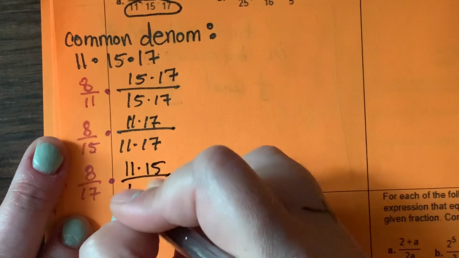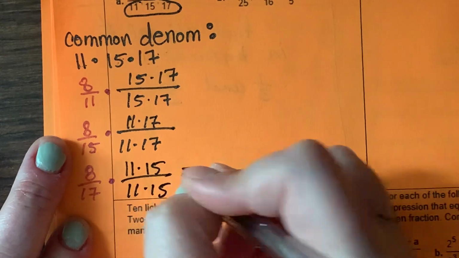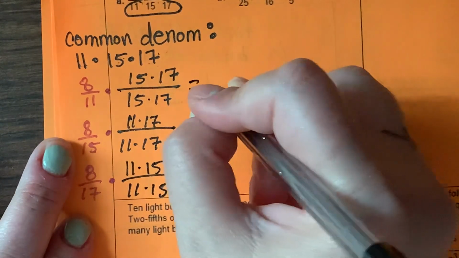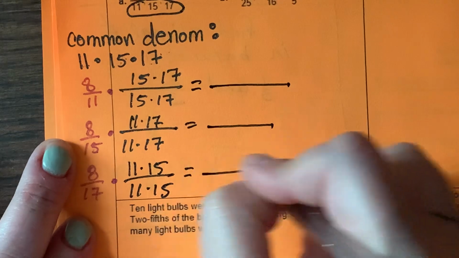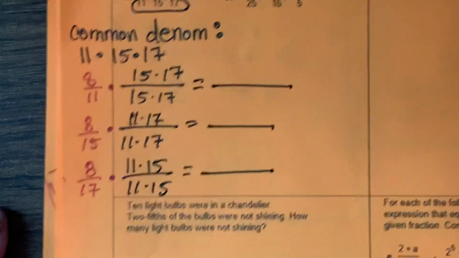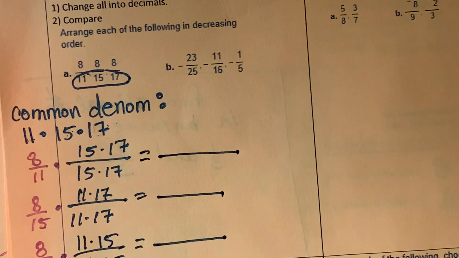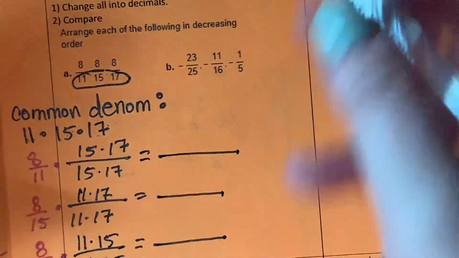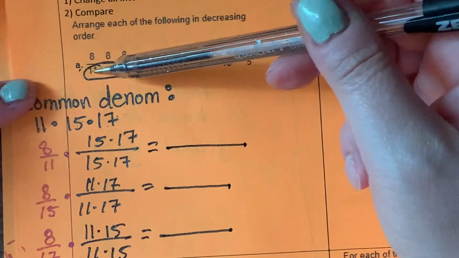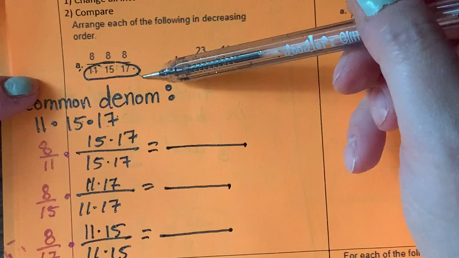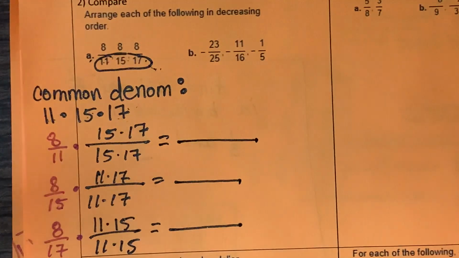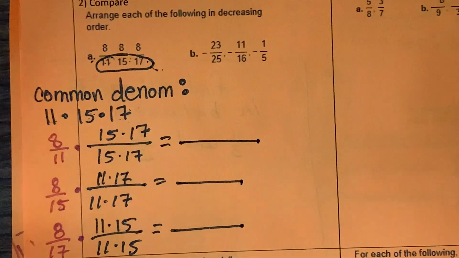Now, these are going to be really, really big numbers, but the whole point of what we're doing is so that we can get the same denominator so that we can compare the size of their tops. Because right now, all these denominators are different. So all the slices of the pie are different. We need it to be all the same.